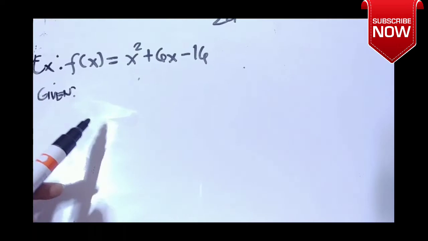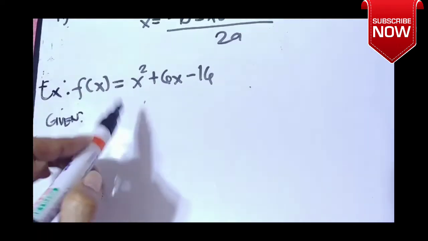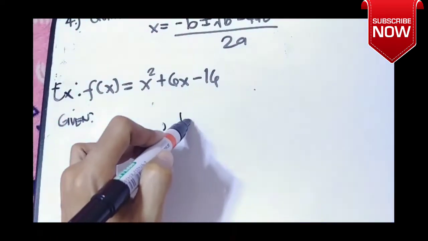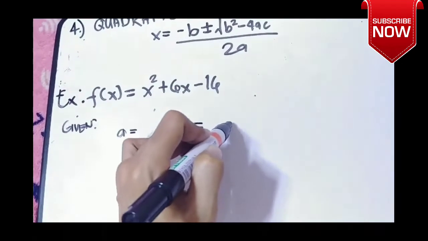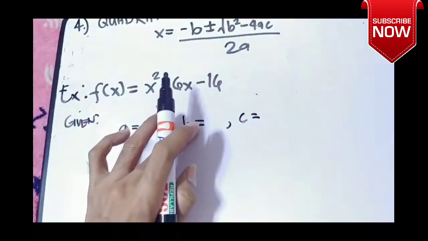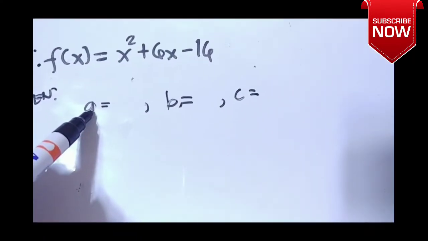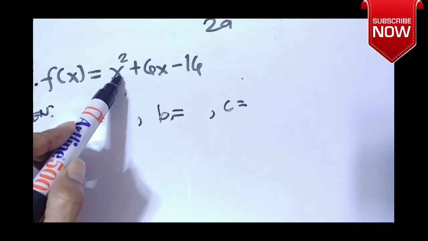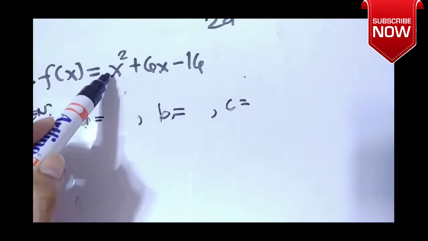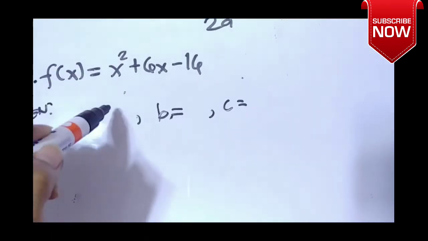So we need to identify the values of A, B, and C. Alright. So A is the coefficient of x squared, and since the coefficient is understood to be 1, so we will write 1.